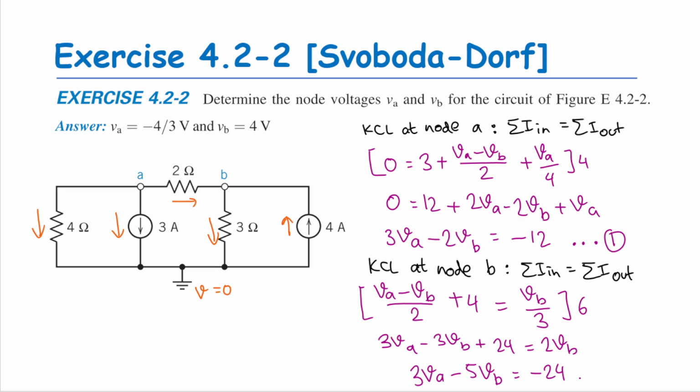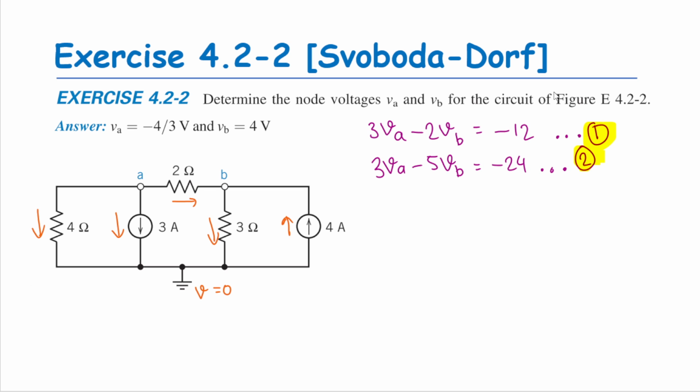Okay, and let's save this here as equation number 2. So we have this as our first equation, and this is our second equation. This is a simple linear equation that we can solve using substitution or elimination. So let's do exactly that.